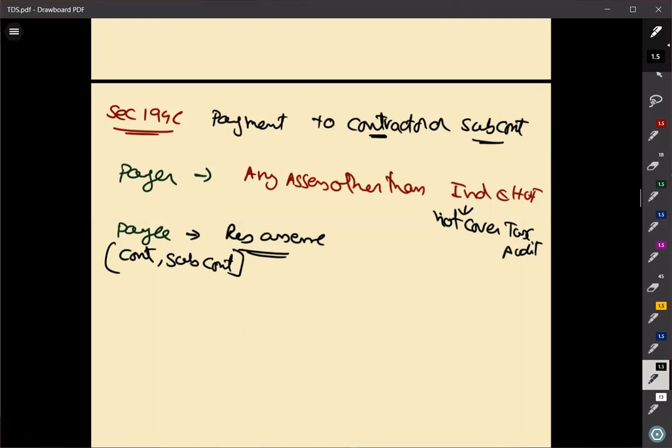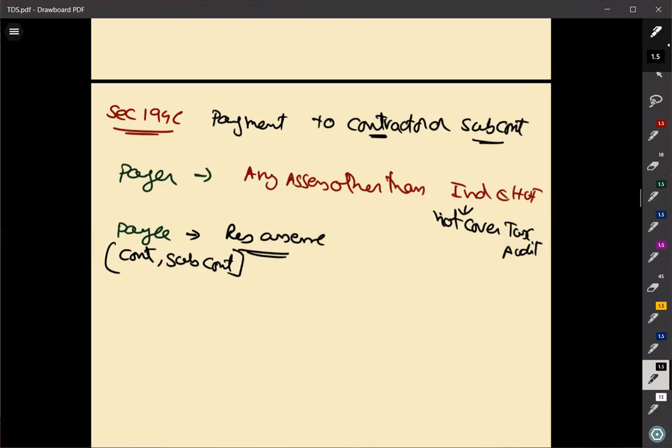So that's what is nothing but your section 194C. Again, any person who is other than individual and HUF, not covered in tax audit, making payment to a contractor or subcontractor, and that contractor or subcontractor is someone called a resident SSC, then ultimately TDS is supposed to be deducted. Now let us see what is the rate of TDS which you are supposed to deduct there. That's what we'll try to understand now.